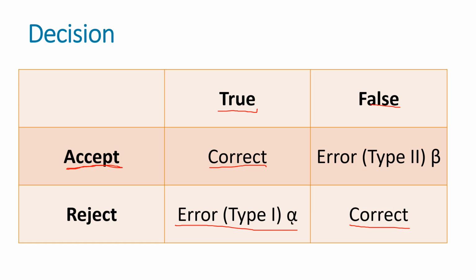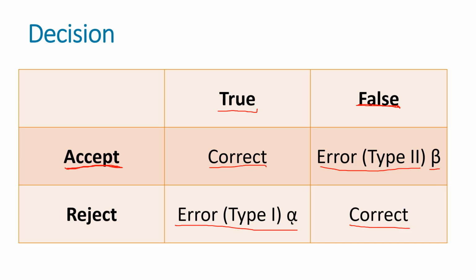And also we have a false. False means the person is not innocent, but the judge is actually releasing, and there is no punishment for that particular person. This is called type 2 error, which is also called beta error.